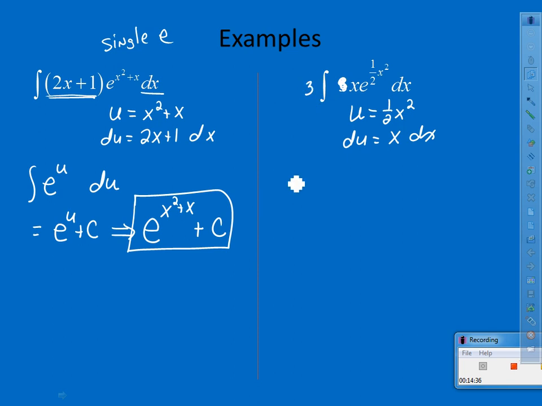So this now becomes 3 times the antiderivative of this x dx becomes my du. The e to the 1/2 x squared becomes e to the u. Its antiderivative is 3e to the u plus c. My answer, 3e to the 1/2 x squared plus c.